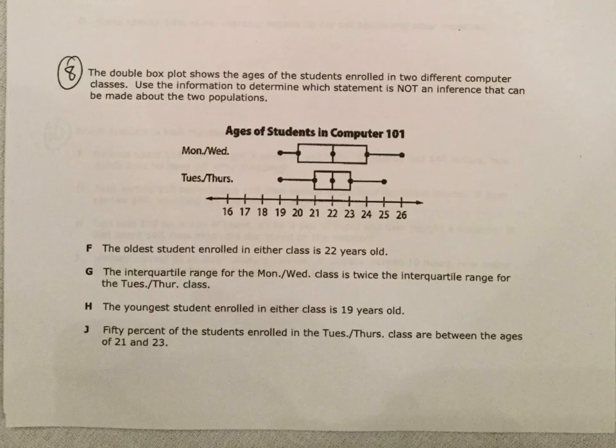Number 8. The double box plot shows the ages of the students enrolled in 2 different computer classes. Use the information to determine which statement is not an inference that could be made about the 2 populations. Again, the key word here is not, so that means we're looking for a false statement. Okay, false statement. All right, so let's look at the 2 box plots and the following answer choices.